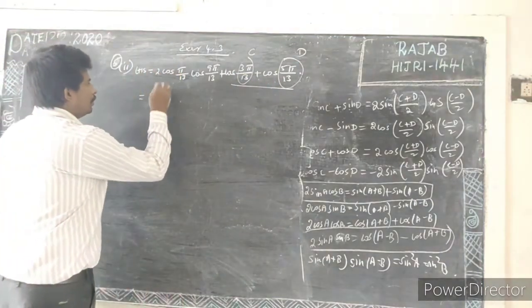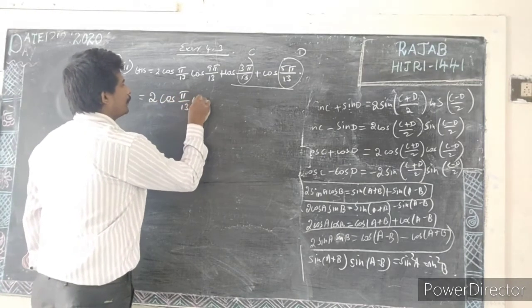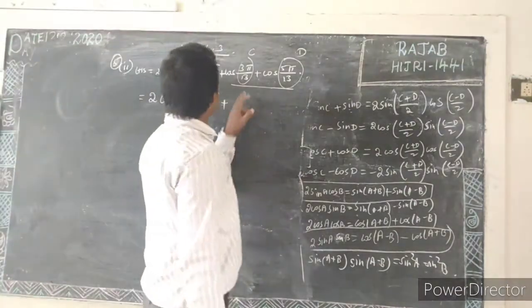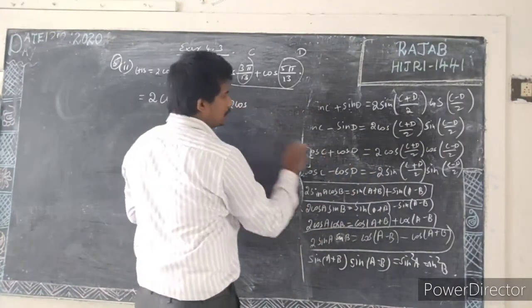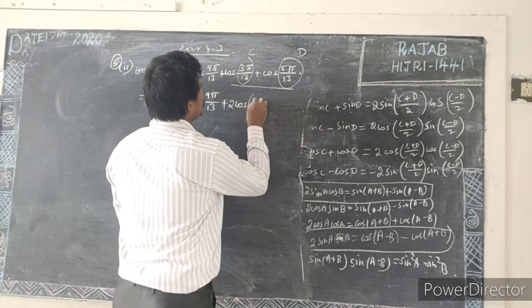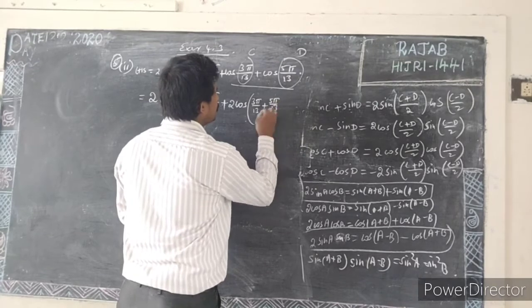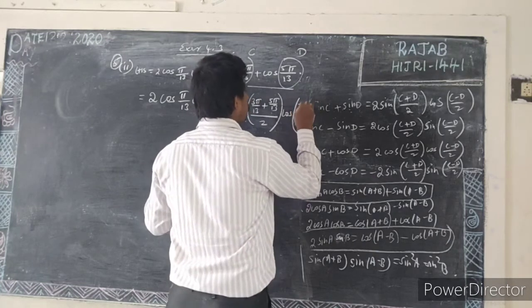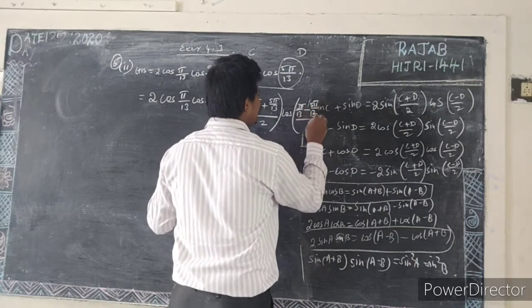Now I am going to use cos C plus cos D equal to 2 cos C plus D by 2 cos C minus D by 2. So C plus D is 3 pi by 13 plus 5 pi by 13 divided by 2, then cos 3 pi by 13 minus 5 pi by 13 divided by 2.